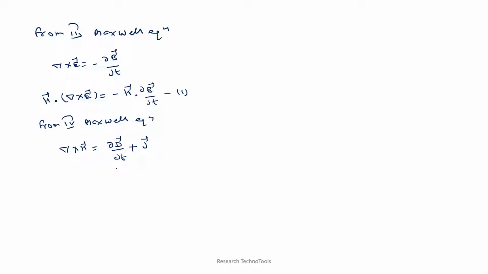Here D vector is the displacement vector and J vector is the current density. Now we take the dot product of this equation with the electric field E vector. So you will get E vector dot curl H vector equals E vector dot del D vector upon del t plus E vector dot J vector. This is equation number 2.